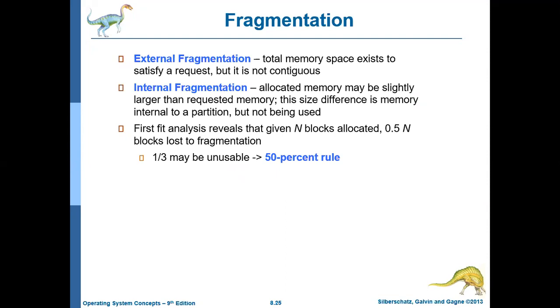We have discussed the fragmentation, internal as well as the external. Internal fragmentation means if a partition is of, let's say, 20 megabyte size and you are placing a process that is of 15 MB, so the remaining 5 MB will be complete wastage.